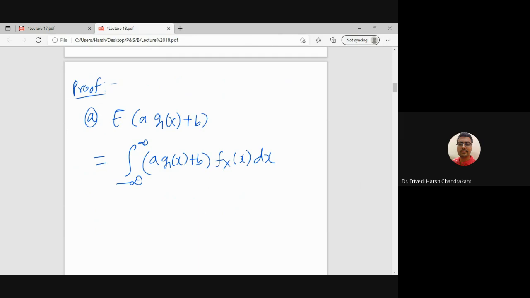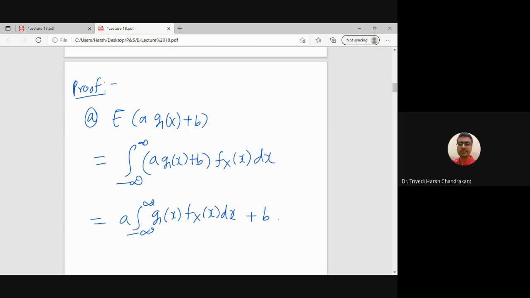Now we can see that this is an integral of a linear function in x, so we can separate the terms. When we separate the terms, we get a times the integral of g1(x) f_X(x) dx, plus b, right? So why is it b? The total integral is 1, right?